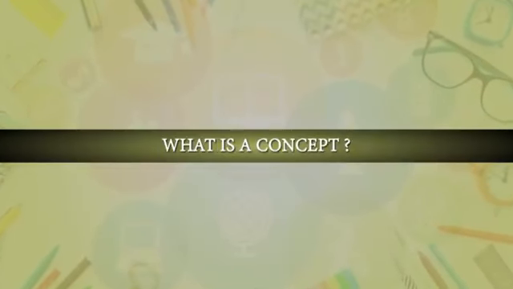In this lesson, we will learn about what a concept is, how to attain a concept, and what the roles of students and teachers are in this model. First, let us come to what is a concept.